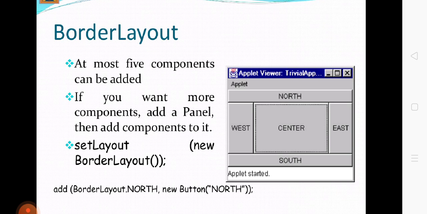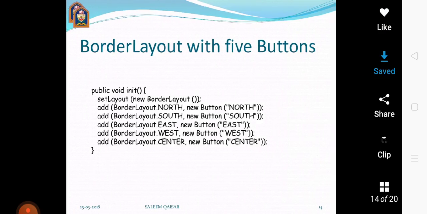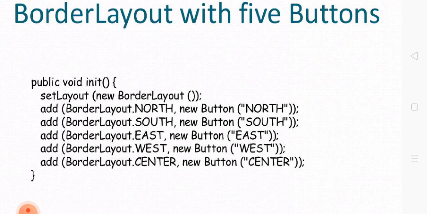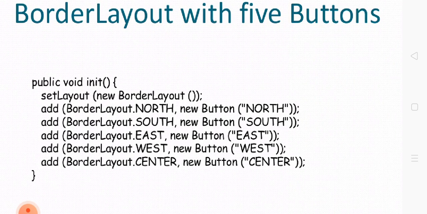If we want to add a component to the north, we will set our layout accordingly, and if we want to add a component to the west, here is the statement. Now look at it. In the init method, we will write set layout, and it is passed a new border layout.